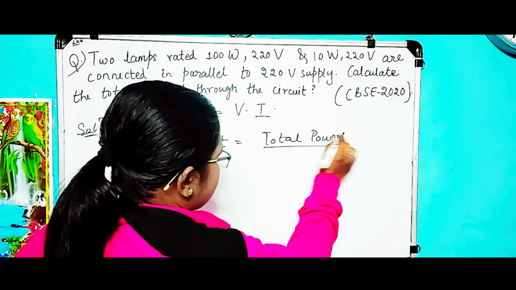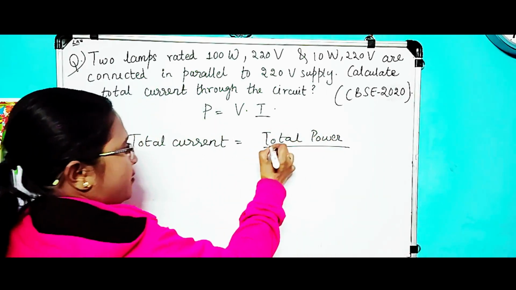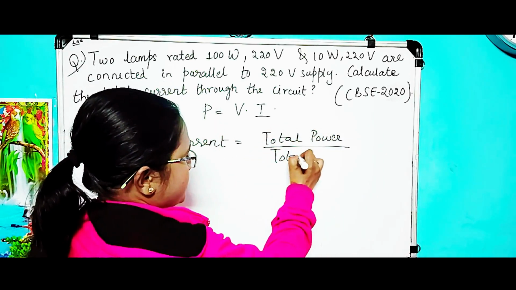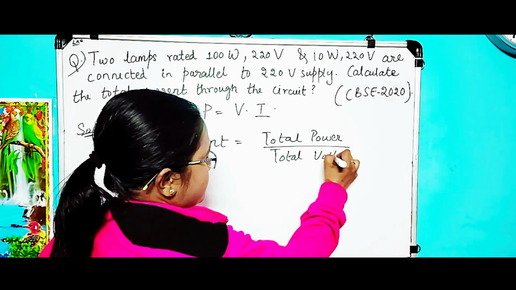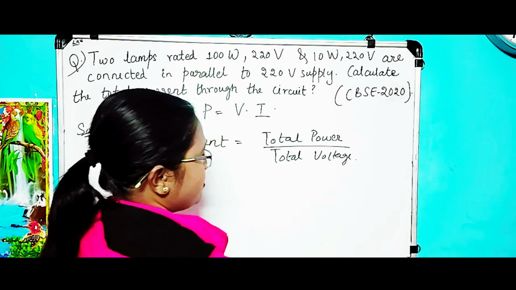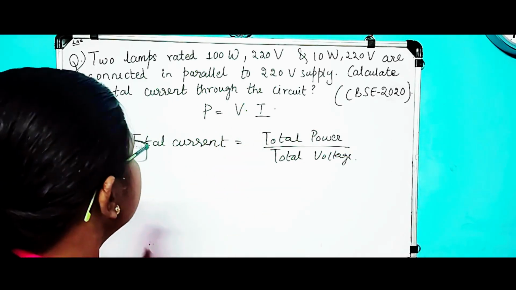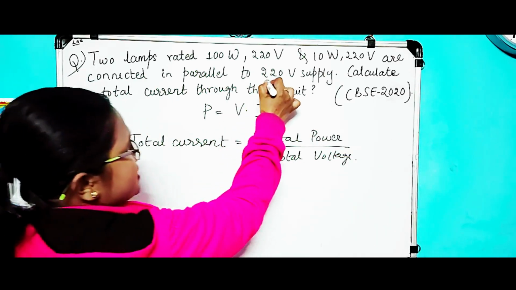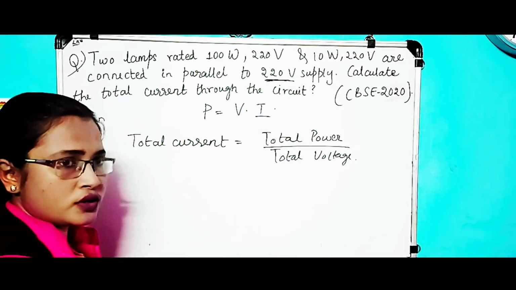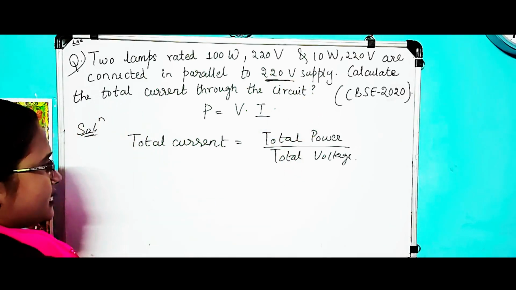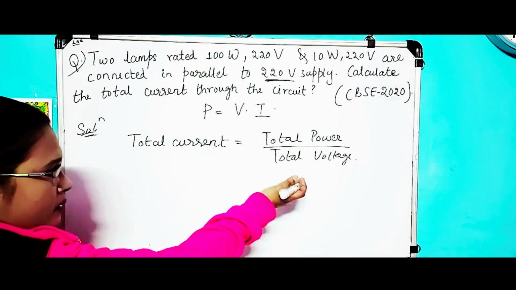This is a simple trick: find total power and total voltage. When the bulbs are connected in parallel and the supply voltage is 220 volt, we can find total current as total power by total voltage.